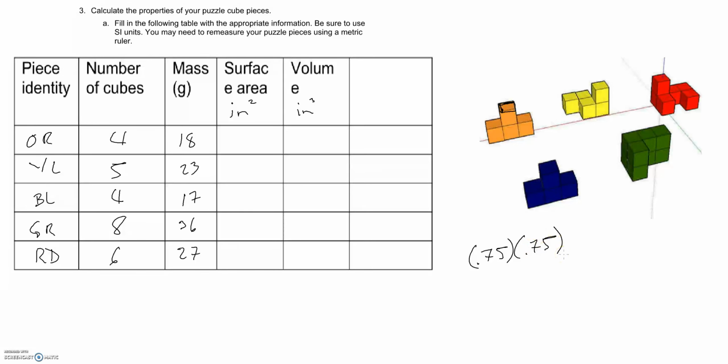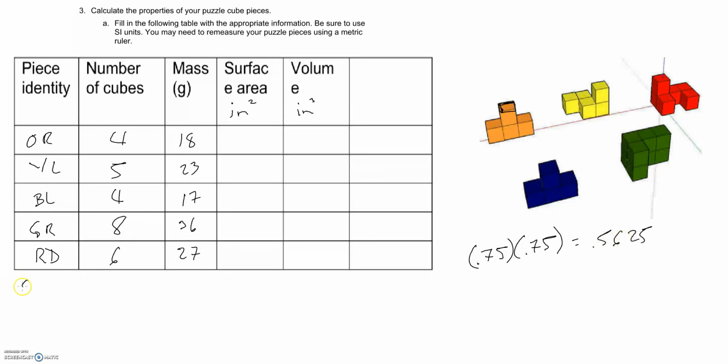So I take 0.75 times 0.75, and I end up getting 0.5625. On a puzzle cube like this one, all I'd have to do is count up the number of squares that are showing and multiply that number by 0.5625.